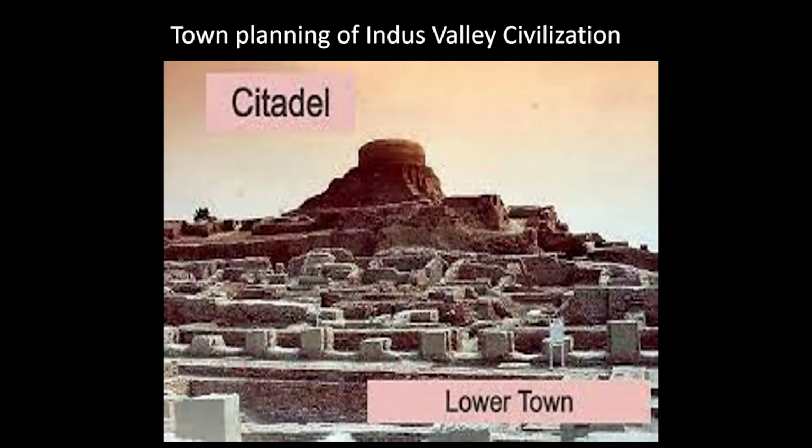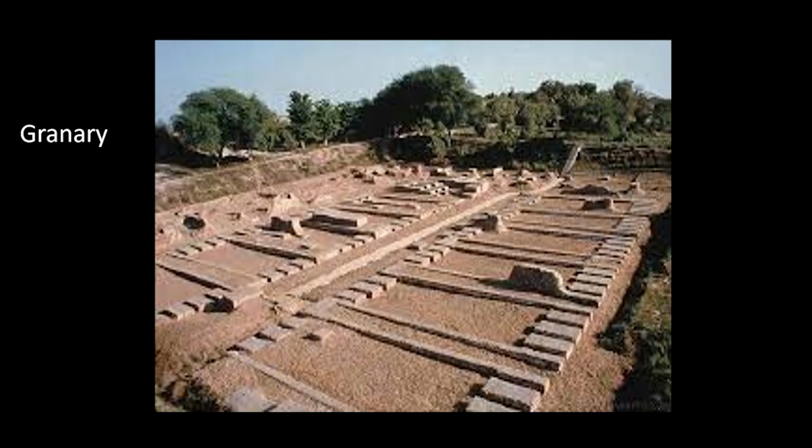Can you see the grid pattern in the lower town? It had houses, straight roads, and a proper sanitation system. Fine. This is the granary which I was talking about. This is the largest building in Mohenjo-daro, and it was called the granary, used for storing surplus grains.